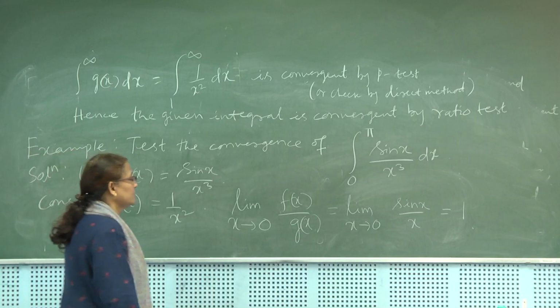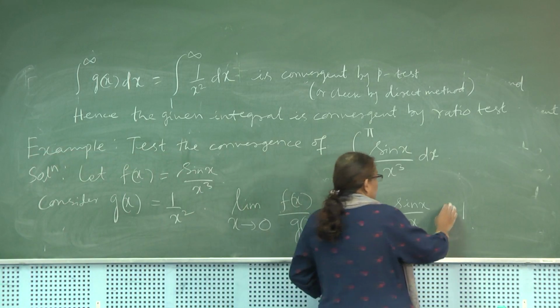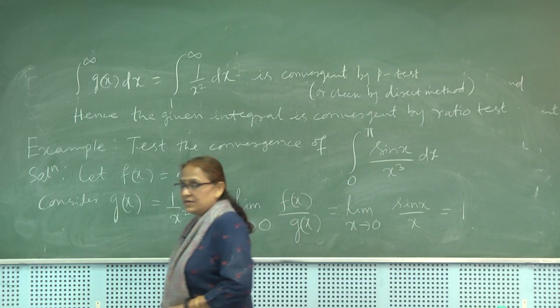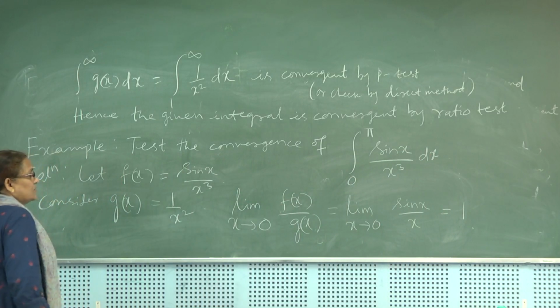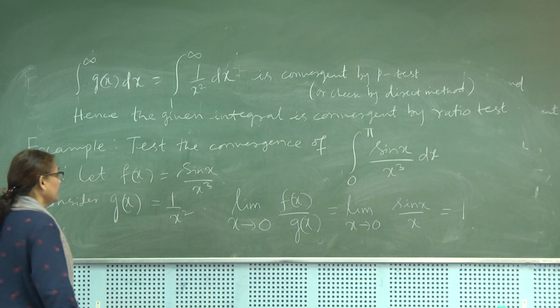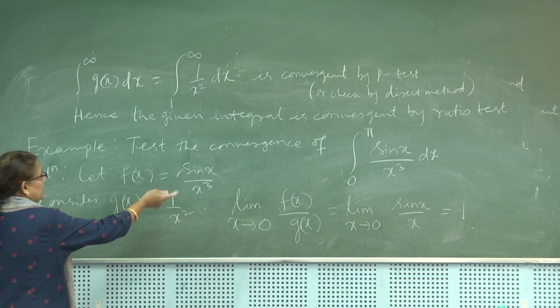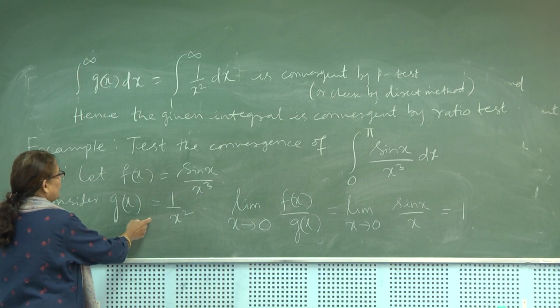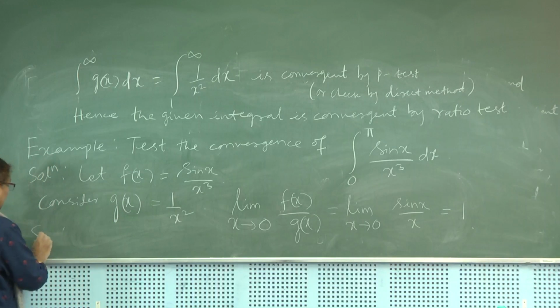So this limit exists finitely and is non-zero. Therefore, from the ratio test they converge or diverge simultaneously.